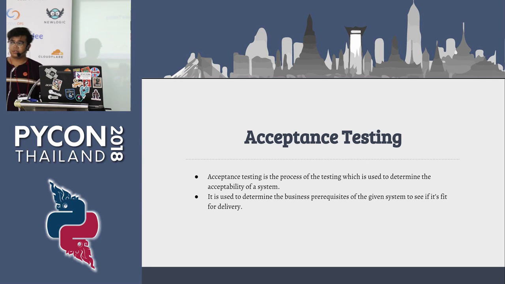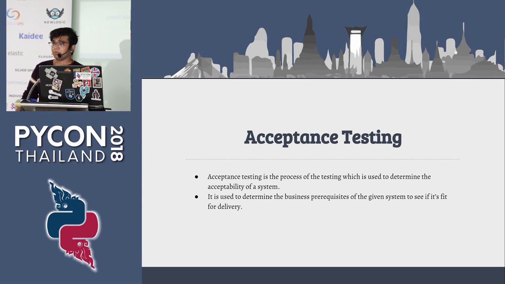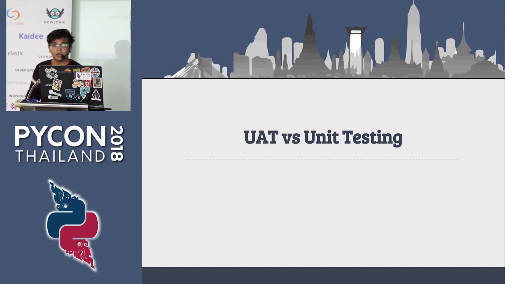If something fails, and that happens a lot, we have to roll back, and you don't want to go through that mess, because your boss will probably eat you out if you do that. So we have to go through these general processes, and today we'll talk about doing it with Robotframework. It's used to determine if it fits the business prerequisites and if it's good enough for delivery to the customer.